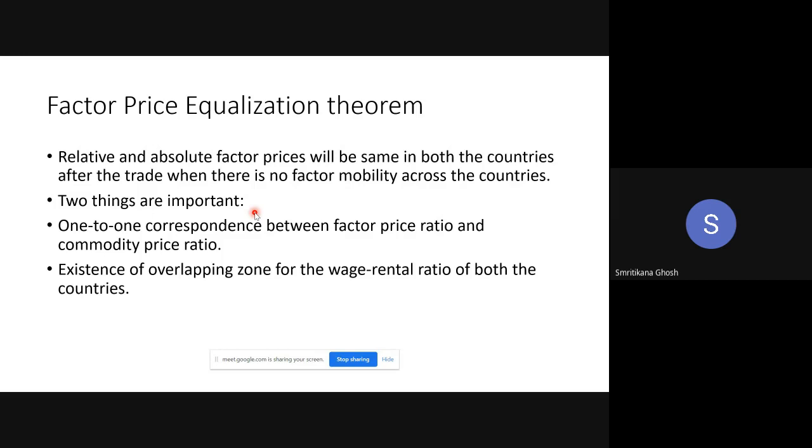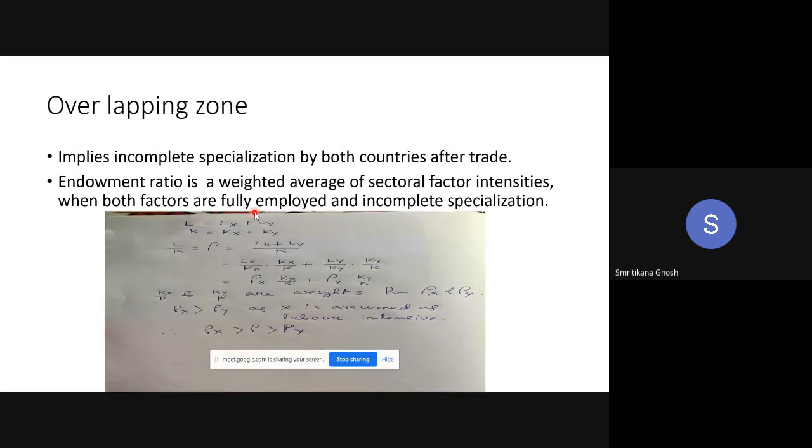Now the overlapping zone, what is that? Look, this is the overlapping zone. W by R for each country will vary within a range. It can move, say, from W by R equal to 20 to W by R equal to 10. Within that range, it will move.